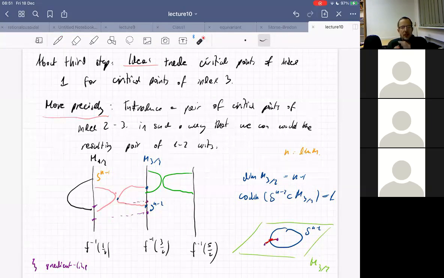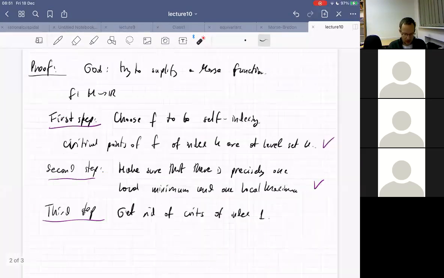Now this space is connected because we have precisely one critical point of index 0. No 1-handle makes two disconnected things connected, because that's what we got in the second step.